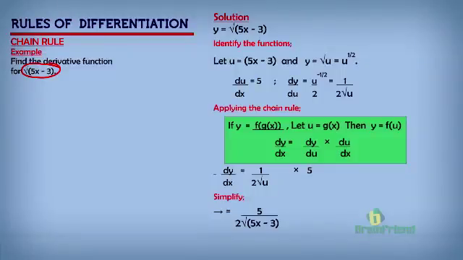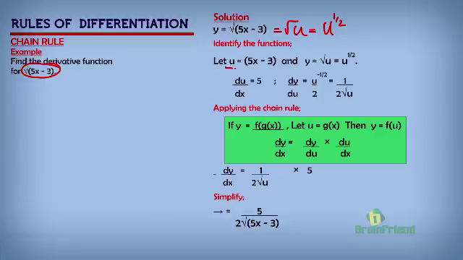Now, to help us simplify this, like we learned earlier, we'll say, let u represent our inner function, which is 5x minus 3. If 5x minus 3 is u, it therefore means that our y here is the square root of u. And the square root of u, from what we learned in indices, is also u raised to a power half.